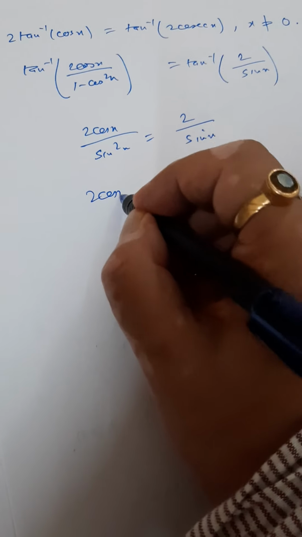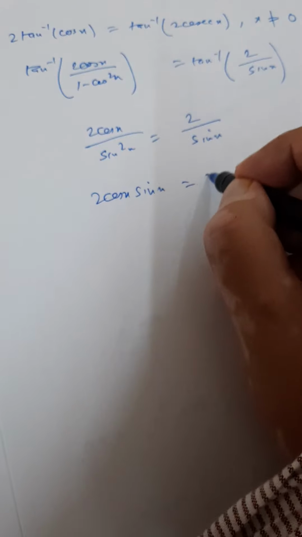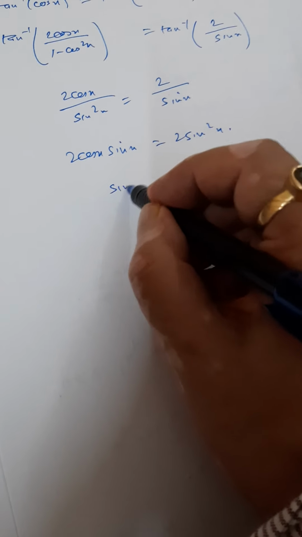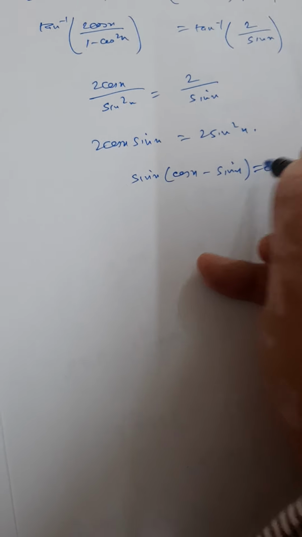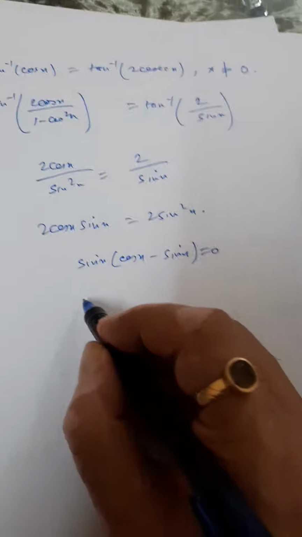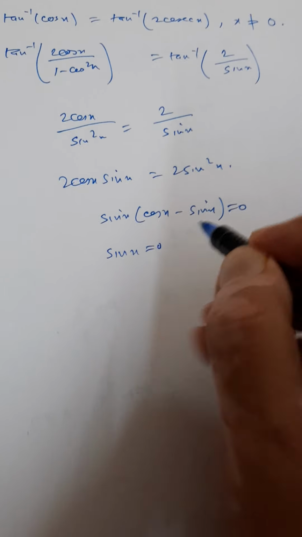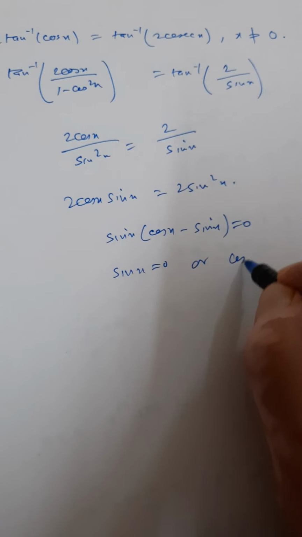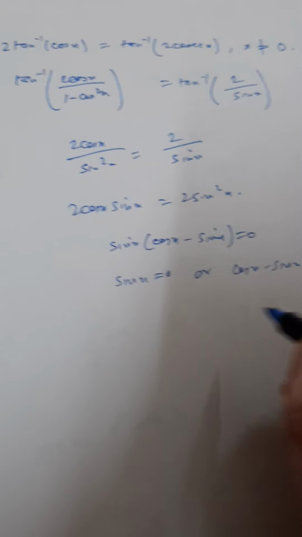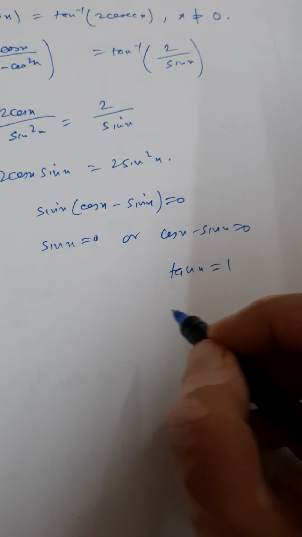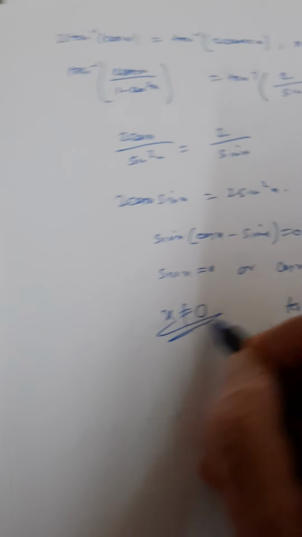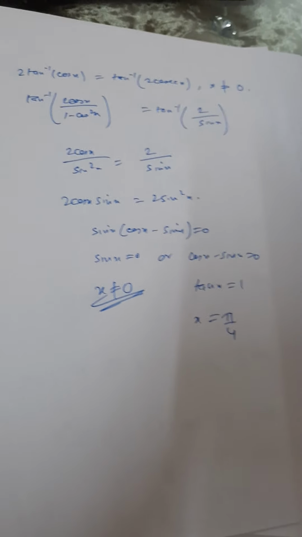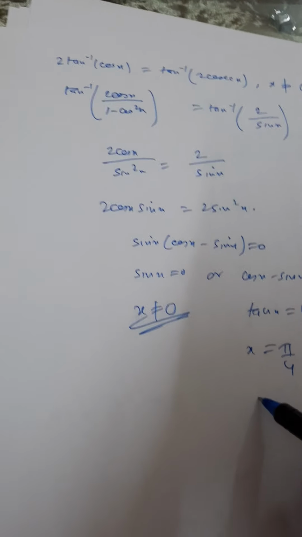So you have 2 cos x sin x is 2 sin square x. So you have sin x into (cos x minus sin x) equals 0. Now this means sin x equals 0 or cos x minus sin x equals 0. Tan x equals 1, x equals pi by 4. Now x is not equal to 0. So x equals pi by 4.